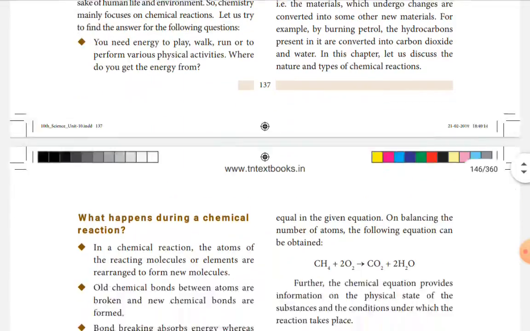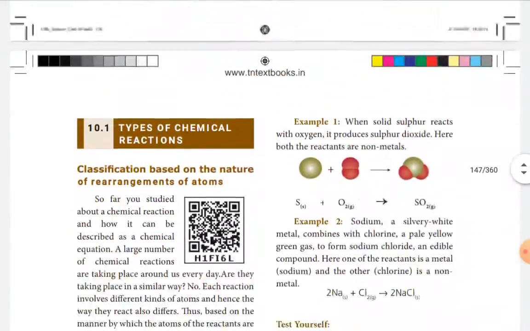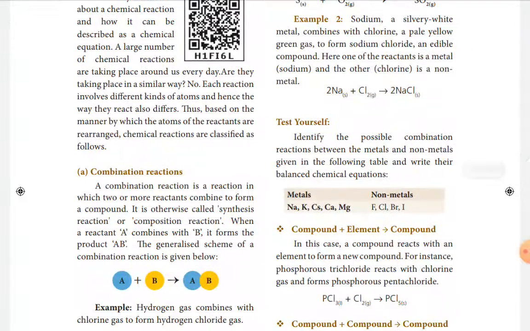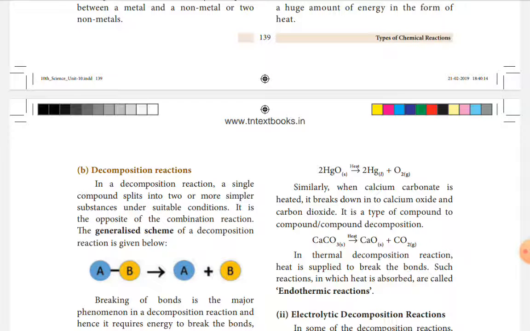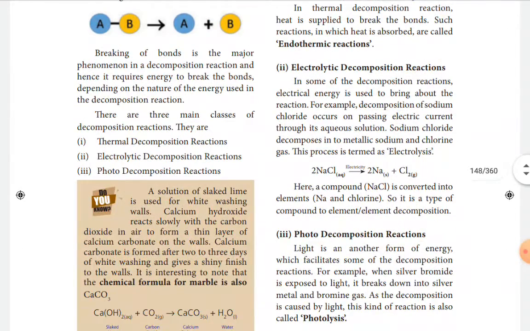Then we have already learned about the types of chemical reaction based on the manner in which the atoms are arranged: combination reaction and decomposition reaction. The combination reaction is two or more reactants combined to form a single compound, and decomposition is opposite to the combination reaction, that is, a single compound splits into smaller, simpler fragments.